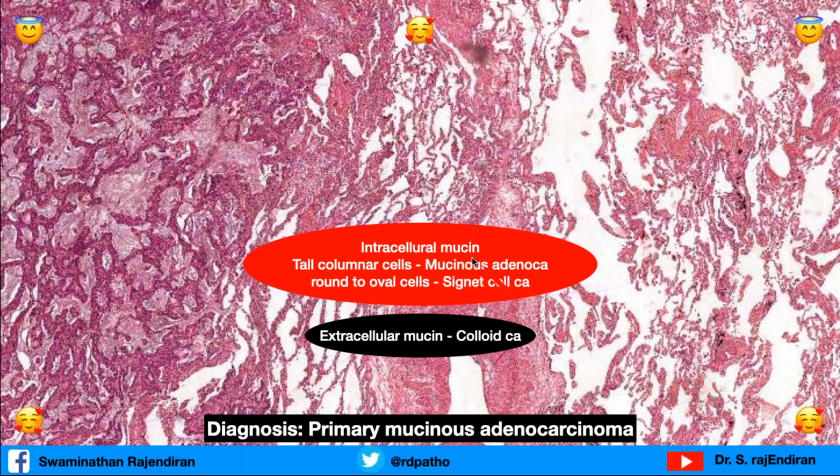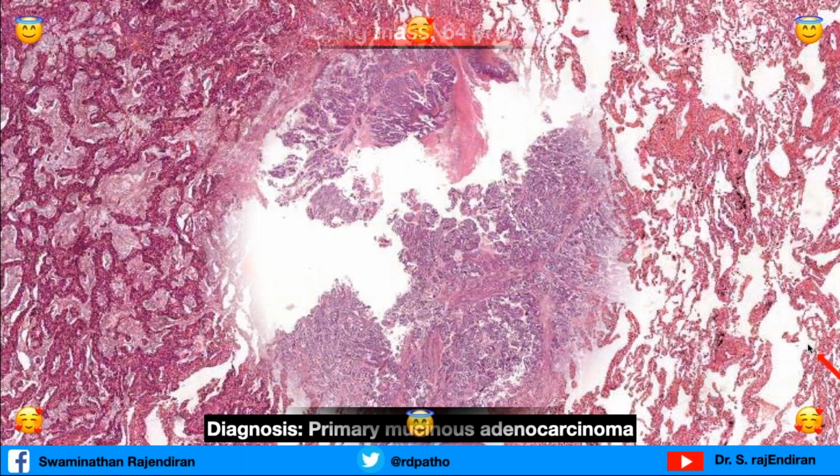Remember, mucinous carcinoma has predominantly intracellular mucin, whereas colloid carcinoma has predominantly extracellular mucin. And all these mucinous tumors are KRAS positive, so molecularly they are different from the non-mucinous carcinomas.